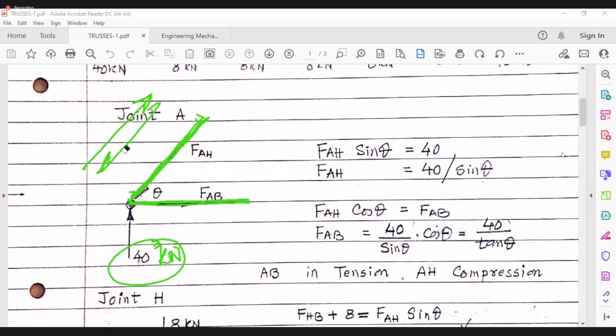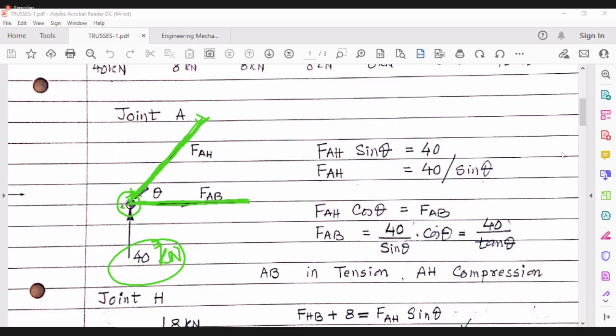Yes, sir. Okay. Now this point is in equilibrium. The sum of all the forces acting upon it is 0. So the sum of the vertical components is 0 and the sum of the horizontal components is 0. Am I right? Yes, sir.